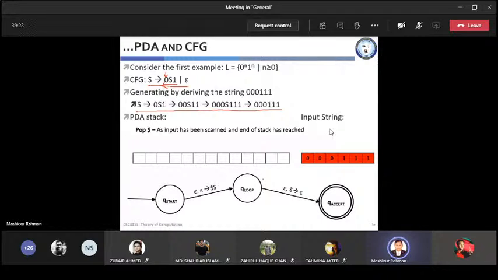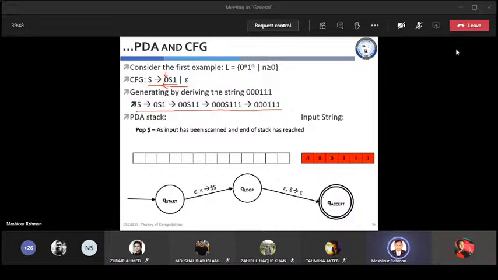Why? Because all the rules in between will be put over here. All the rules in between will be put over here. The Q start only contains the first move, that is dollar and S. Okay, you push the dollar and you push the start variable. So the first move comes from Q start to Q loop.